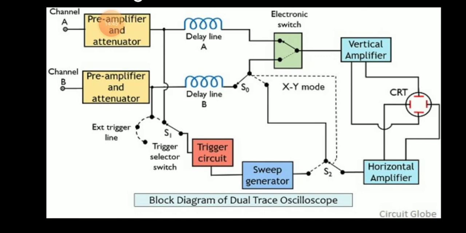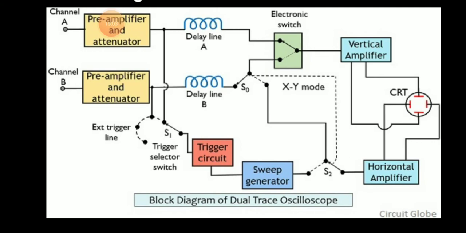You are going to use two channels, channel A and channel B, because it is a dual trace CRO. In the circuit there are three switches. The switch S1 is used to select channel A or channel B to connect with the vertical amplifier.